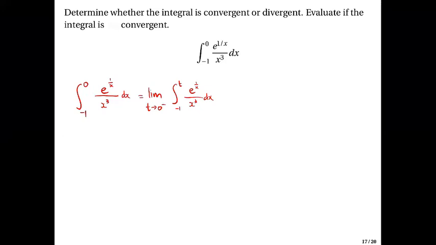Now let's work on the integrand first. We want to integrate e raised to 1 over x divided by x cubed dx. The first thing that we need to do here is substitution.